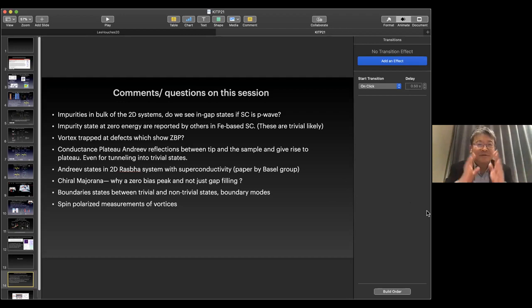But to simplify it, it's similar to the 2D, like Liang Fu's case, and the 3D only changes some parameters. People have done the calculation on the 3D case.